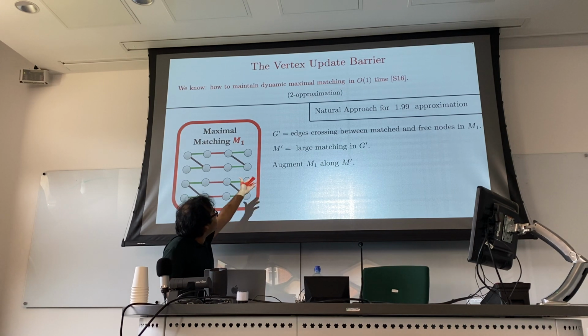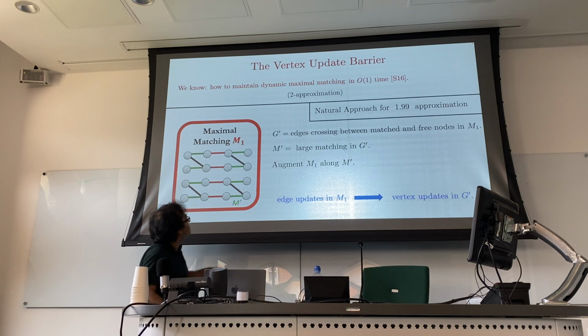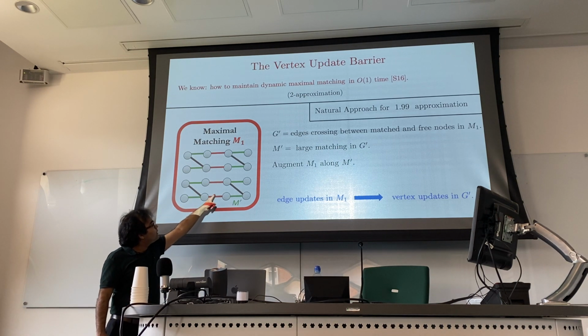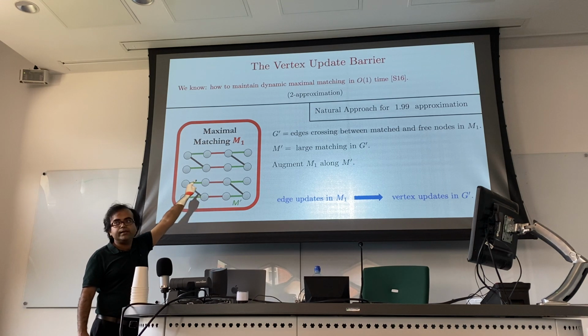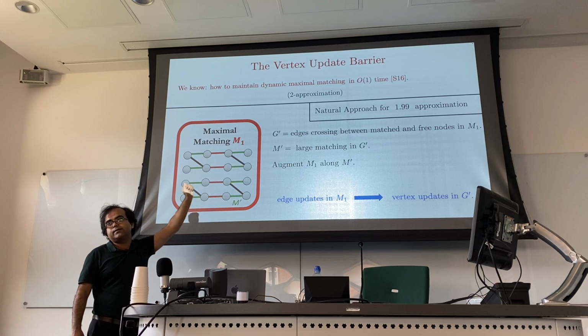Now the question is, why can't we maintain such a matching M prime in G prime? The one line answer is, look at how this graph G prime is evolving. If there is an edge update in M1, in this red matching, there will be a vertex update in G prime.